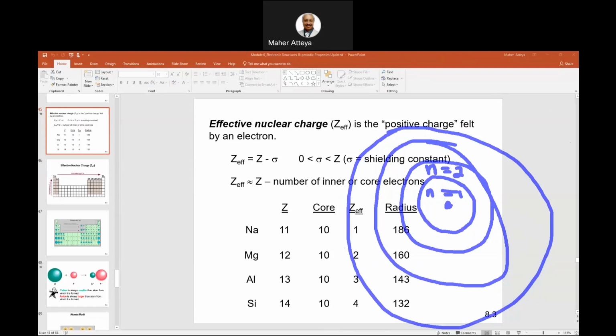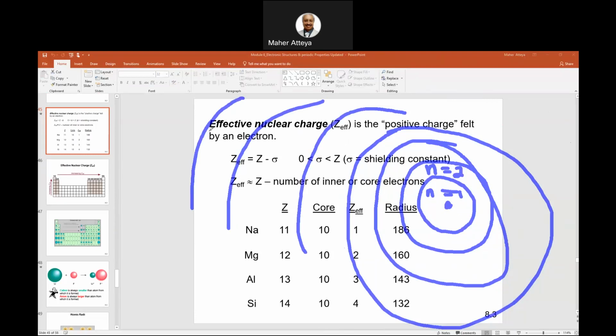It means the positive charge of the nucleus is being shielded by those electrons close to it. So the nucleus does not feel, as you go higher and higher, the attraction between the positive protons and the negative electrons.